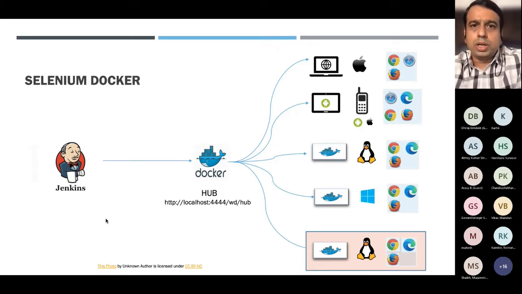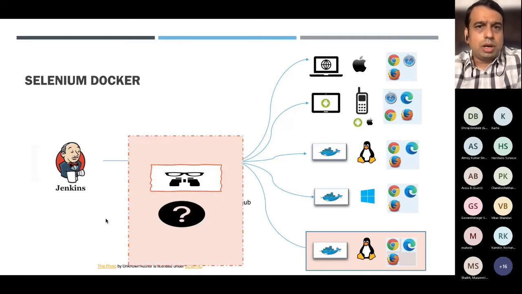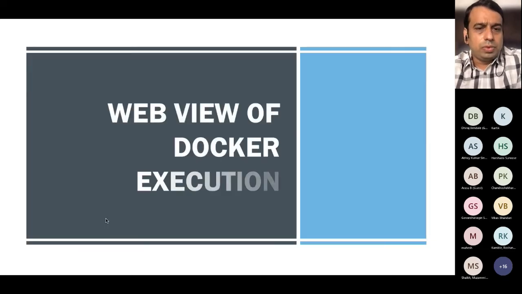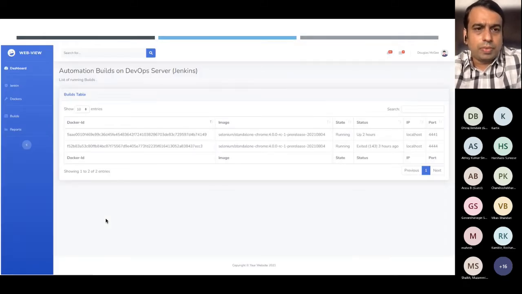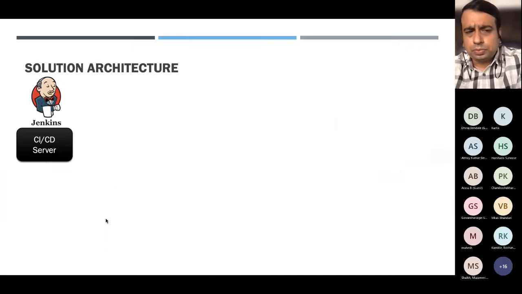If I want to identify on which node or Docker image my test case is currently executing, it's difficult to navigate through those 15, 20 Docker images and find out that my test case is executing on this particular container. That's where our solution, the web view of a Docker execution, will be helpful for you.